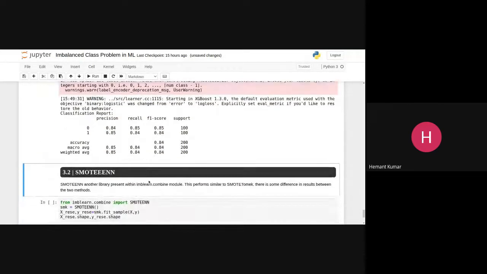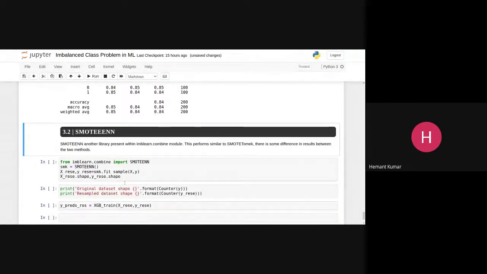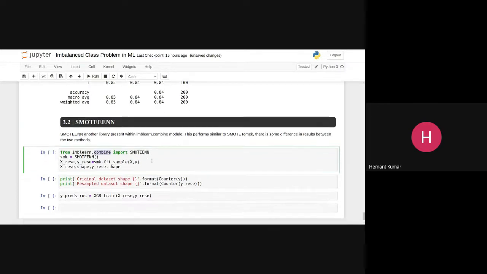And next is the SMOTE-ENN technique. Again, this is a combination of random undersampler techniques and oversampling techniques. So here it is again combined with the SMOTE and ENN algorithms.